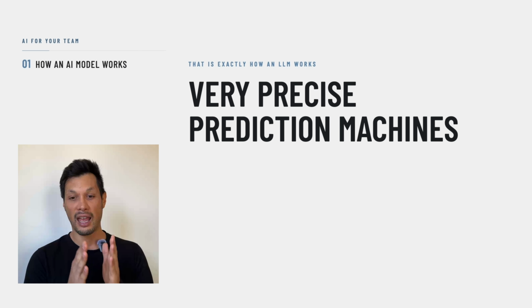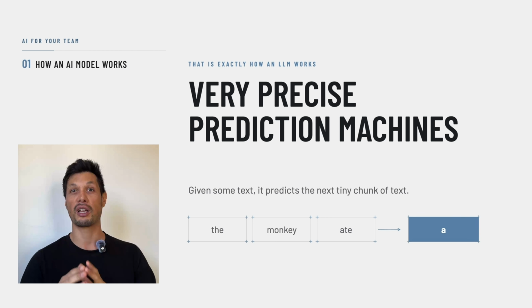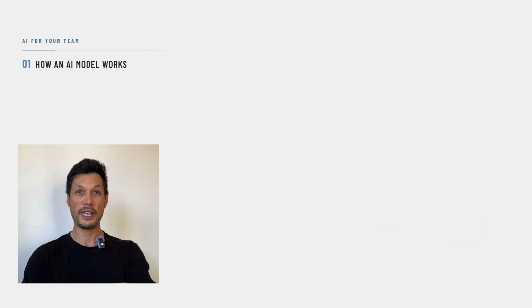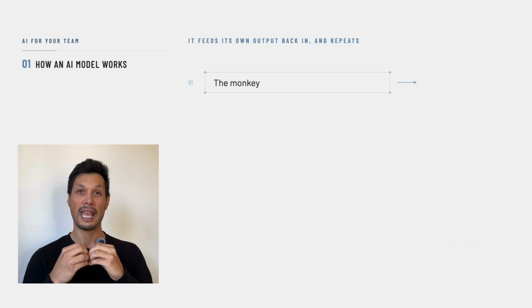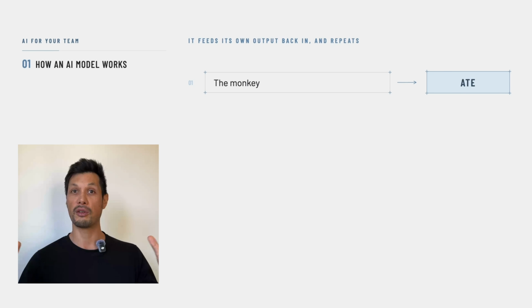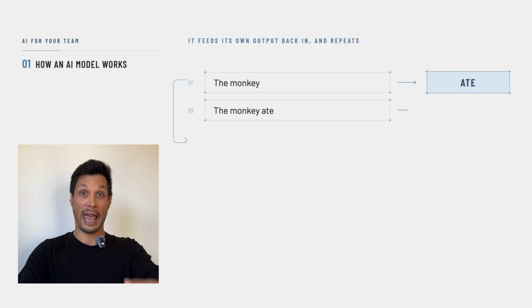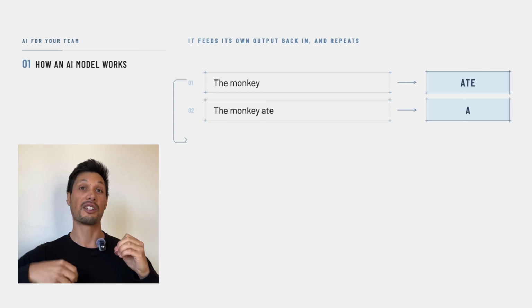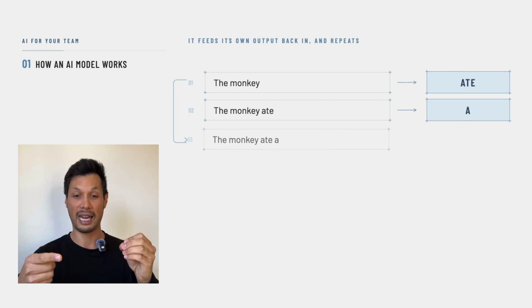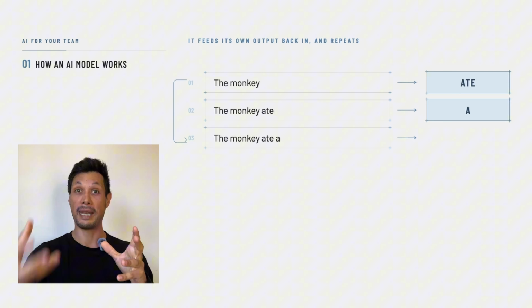They are very good, very precise predicting machines. So what it does, it predicts the next tiny chunk of information or text, feeds that to itself again, and predicts the next one. So if I say the monkey, it's gonna think most of the books would say ate, and it's gonna input that information again, and it's gonna do that process again, and now that it has a phrase that it's the monkey ate, it's gonna analyze and say a banana.